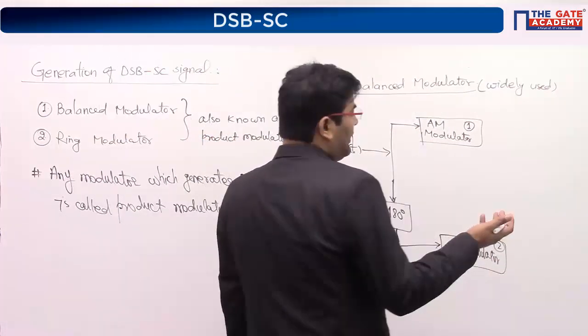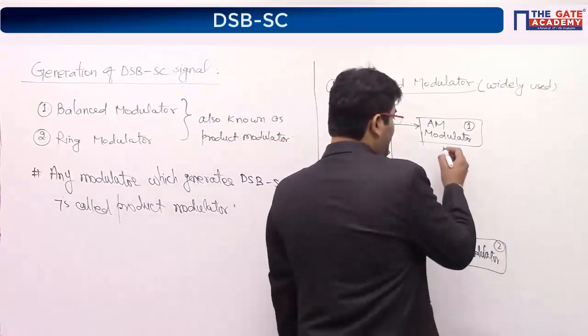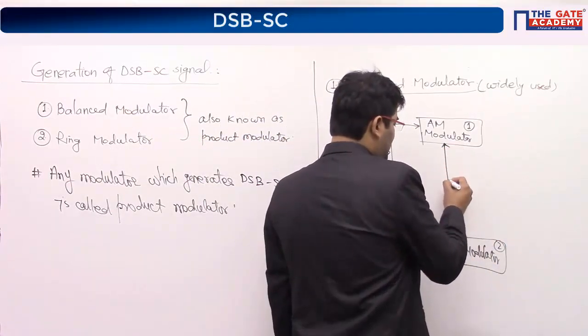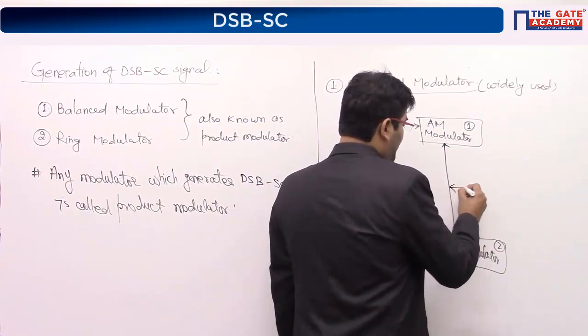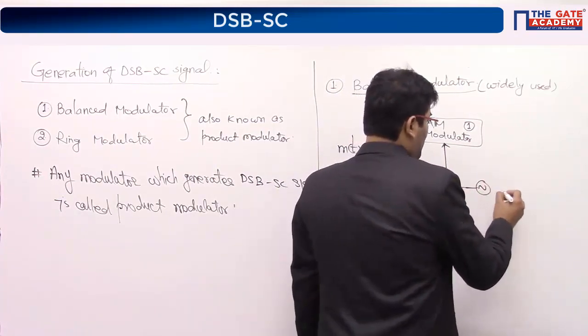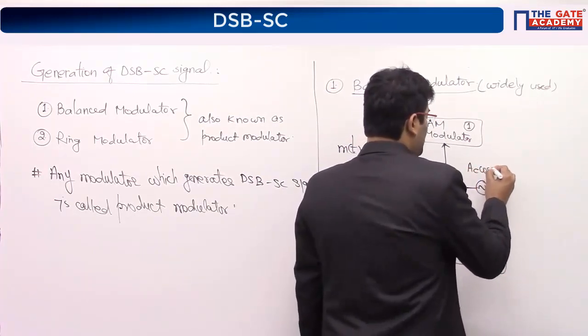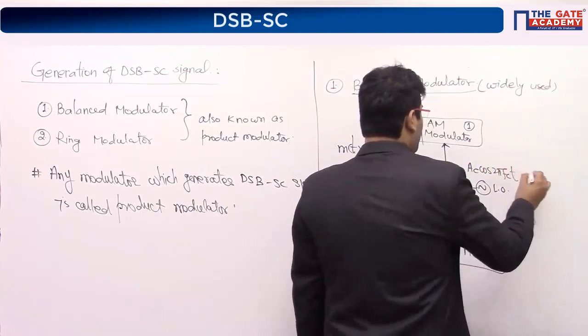This modulator is nothing if you don't give the carrier signal. So we have to give a carrier signal. So we'll give a carrier signal to both of them, which is generated by a local oscillator, and it is AC cos 2 pi FCT.